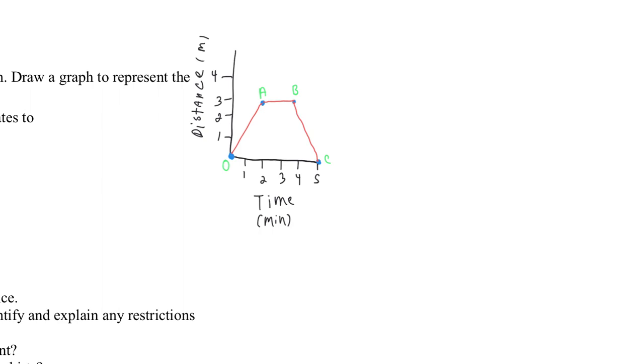So if I was just to describe from 0 to A, I could say something along the lines of Mike walked. In this case, I would have walked 3 meters in 2 minutes. Then from A to B, my distance isn't changing, so I'm not moving anywhere.